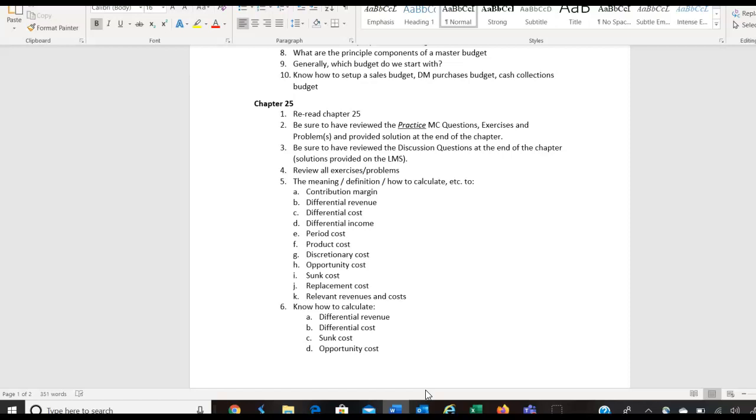It really hits the differential revenues. And differential costs, many of those same exercises I just listed before, exercises 11 and 13. Differential revenue and differential cost, that is what we did. That is chapter 25. Sunk cost and opportunity cost, you can look again at exercises 14 and problem 1A.